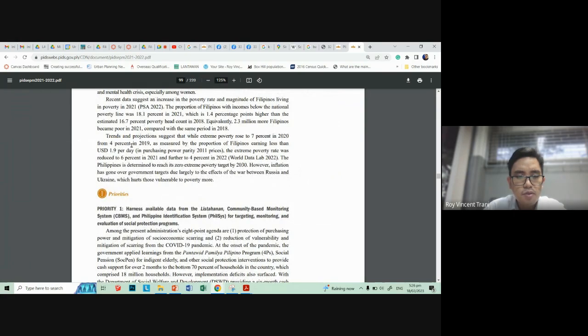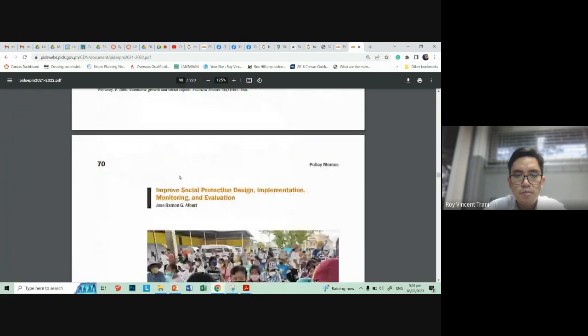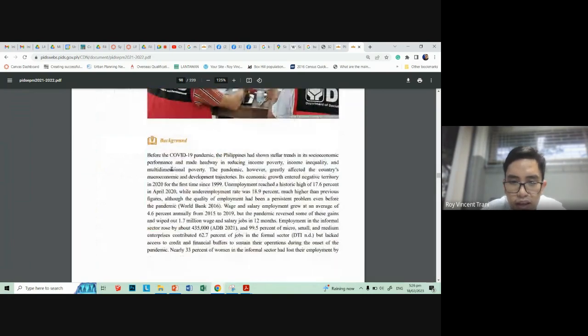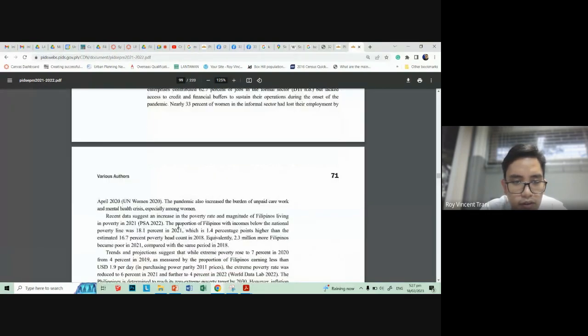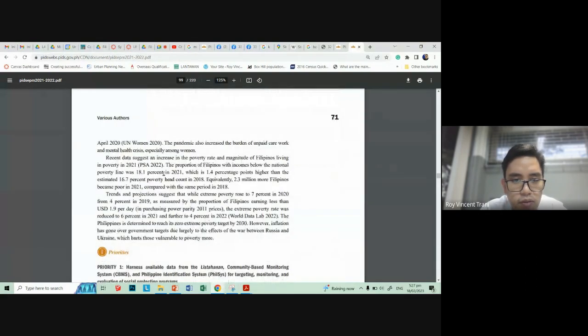Blah, blah, blah. So priority 1. So when was this sort of policy? Let's see. It's all background stuff. Recent data suggests that extreme poverty rate was reduced from 6% in 2021 to 4% in 2022.